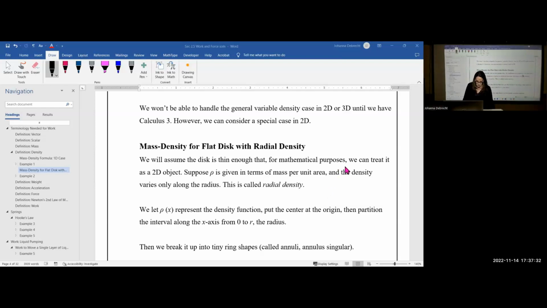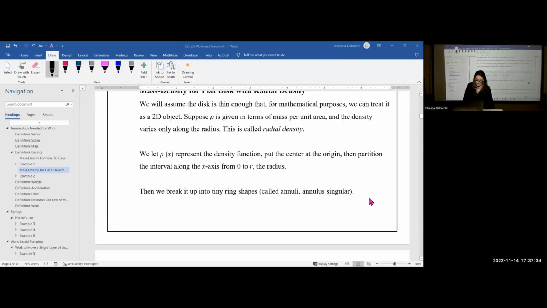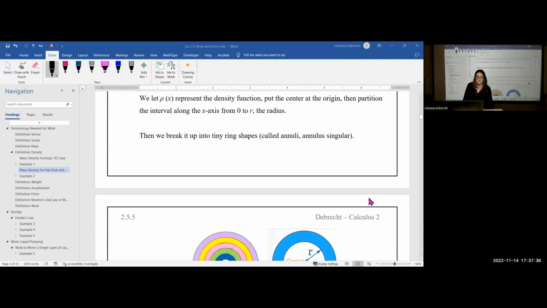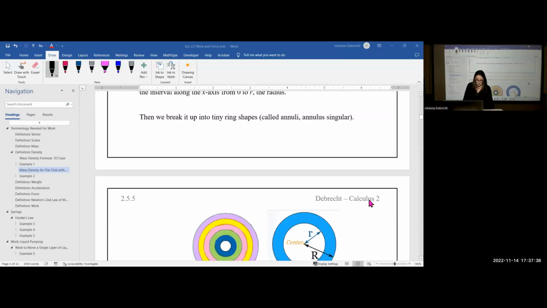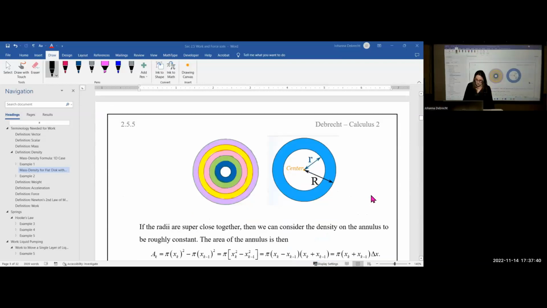So what we're going to do is we're going to let rho of x represent the density function. We're going to put the center at the origin, and then we're going to partition along the x-axis. Now, as we do this, we end up with a set of concentric circles. These are called annuli. They're actually ring shapes, right? They have a little bit of width to them.